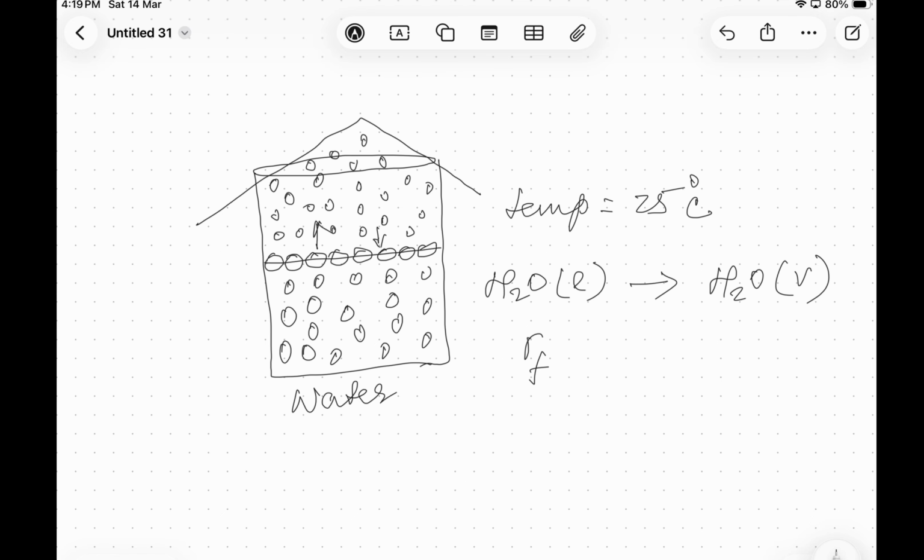So now there are two opposite rates going on, rate of evaporation and rate of condensation.